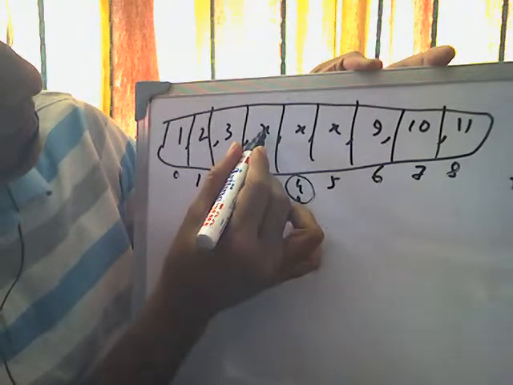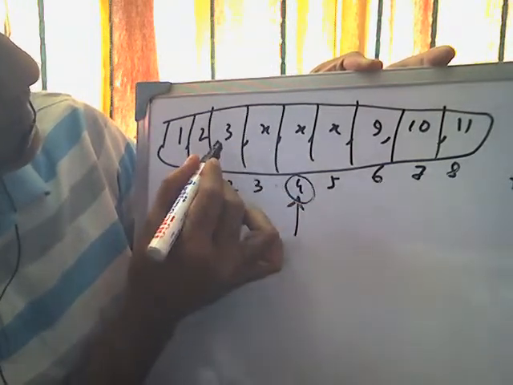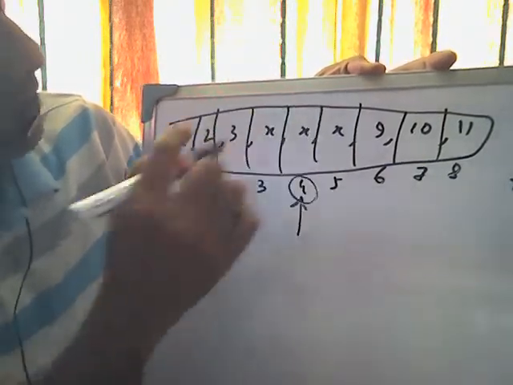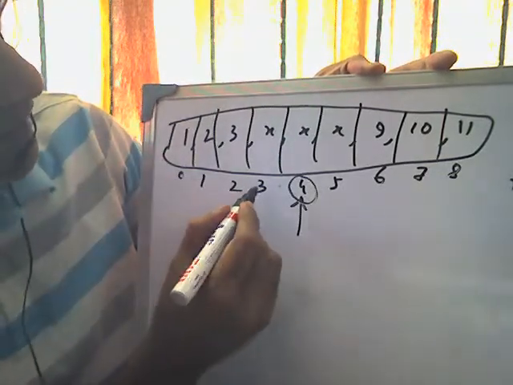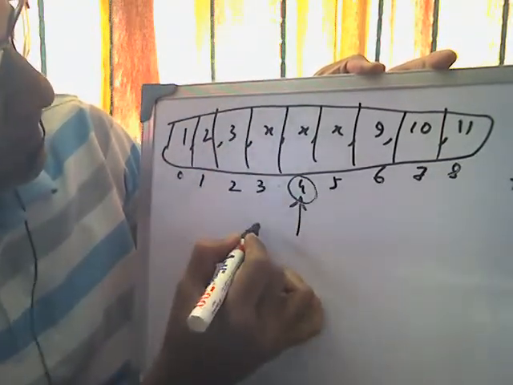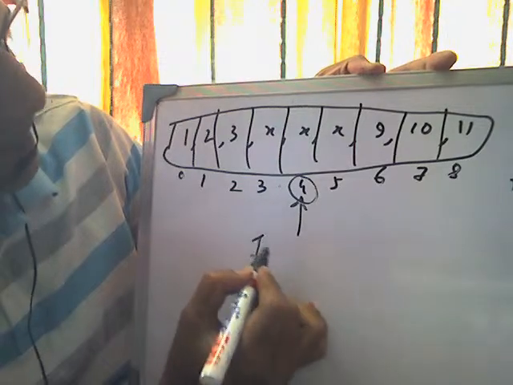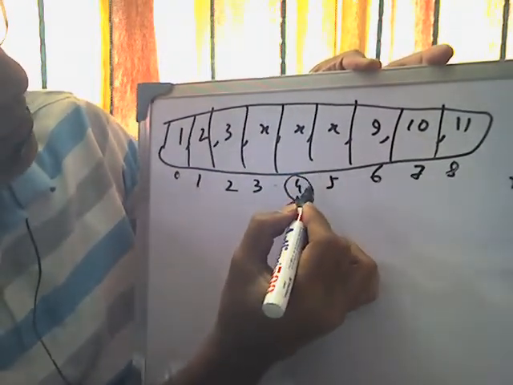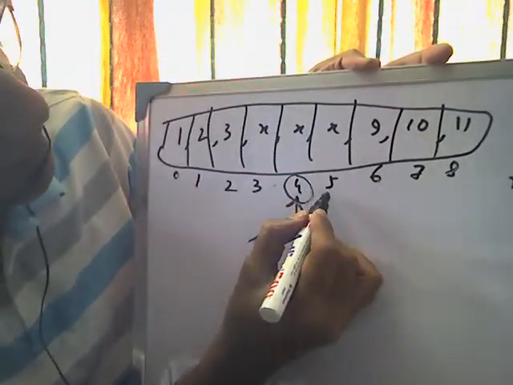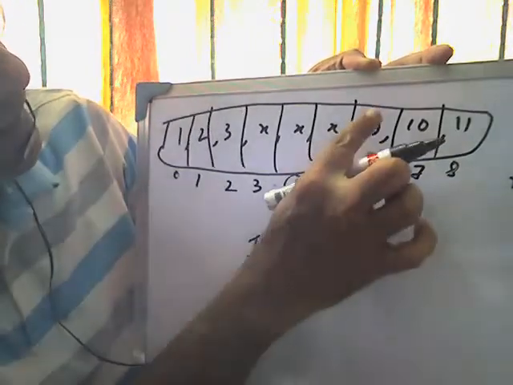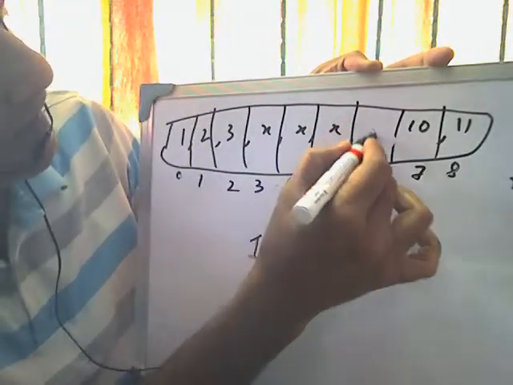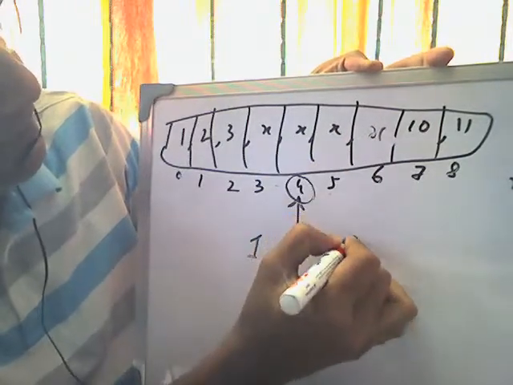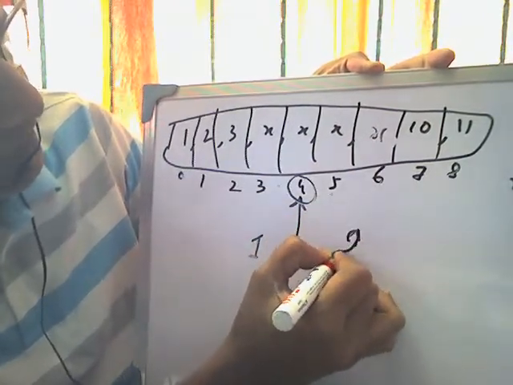As it is a sorted array, the left count is here 1, and again you have to do the linear search from position 5 to the right. Suppose this 9 is not there, this is x, so the right count should be 2.